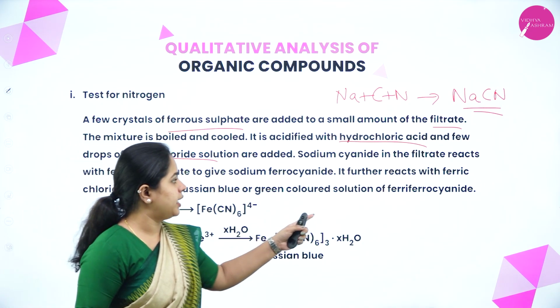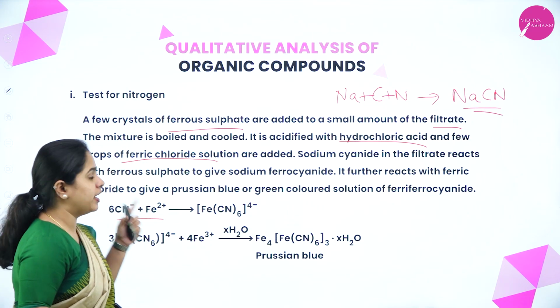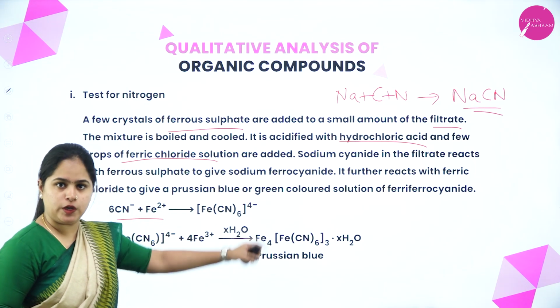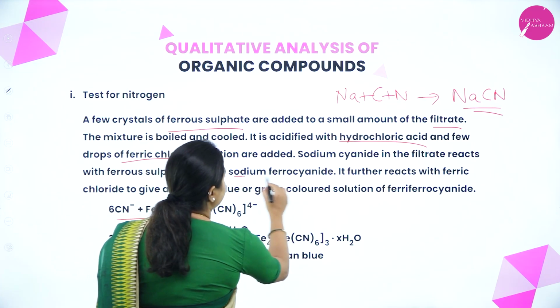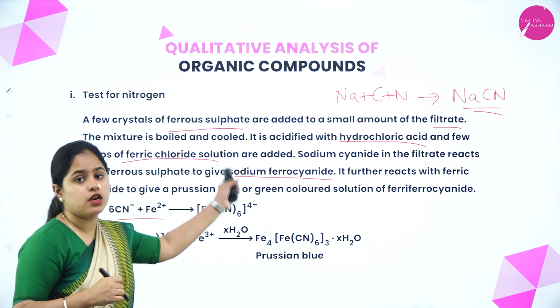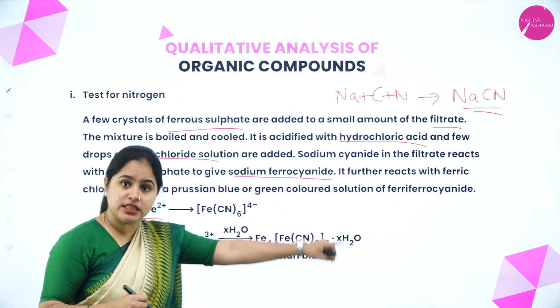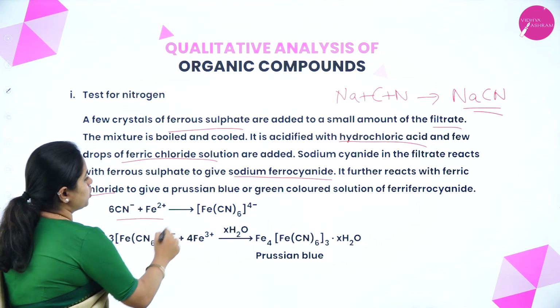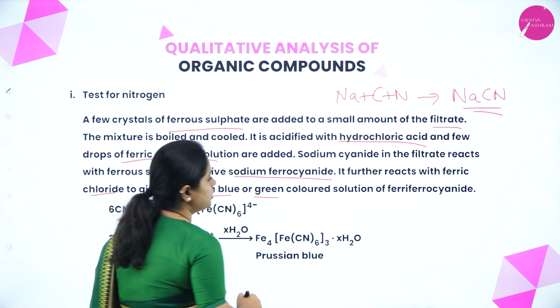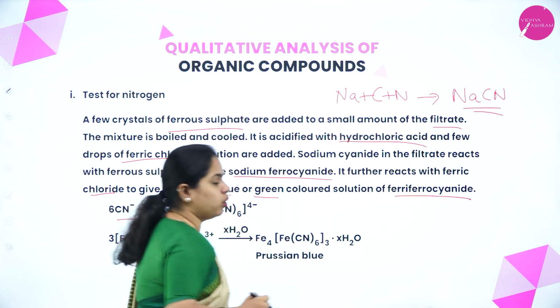The sodium cyanide in the filtrate reacts with ferrous sulfate to give sodium ferrocyanide. Now it further reacts with the ferric chloride to give Prussian blue or green colored solution of ferric ferrocyanide.